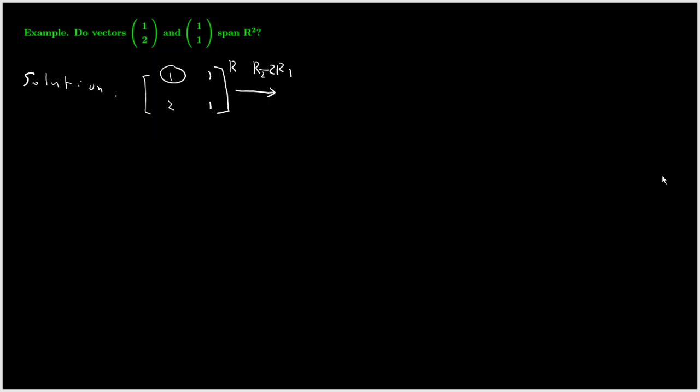Row 2 is changed. At this point, I think all of you have no problems with that, so I will do this a little bit quicker. The first row is not changed: 1, 1. The new second row becomes 0.